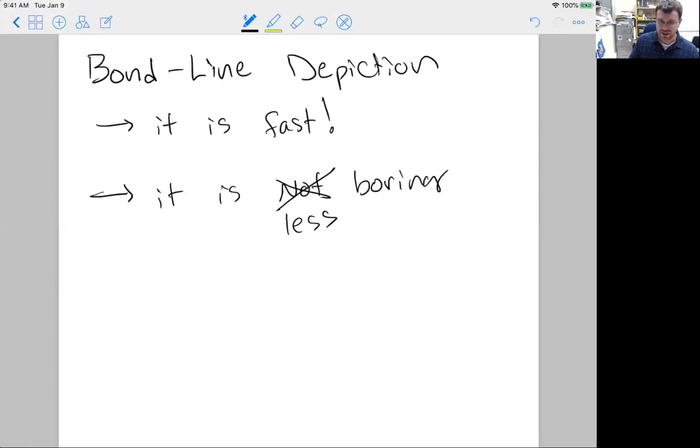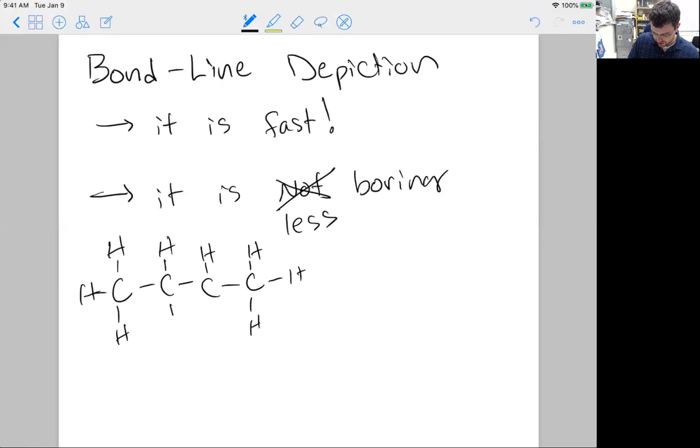So how does this work? What do bond line structures do for us? Okay. So I'm going to draw the Kekulé structure of butane, which is a straight chain molecule with 4 carbons and then however many hydrogens it needs. Turns out it needs 10. Okay, so this is Kekulé. It should look familiar at this point.